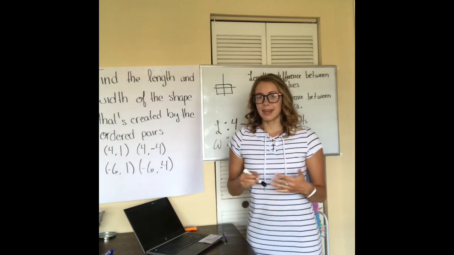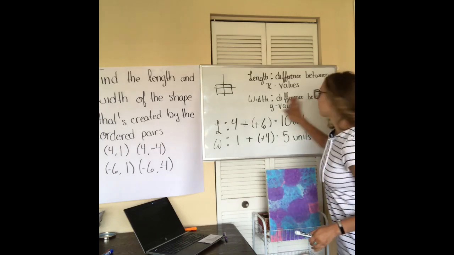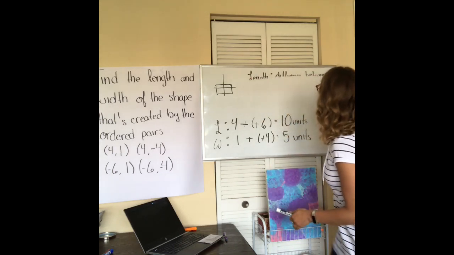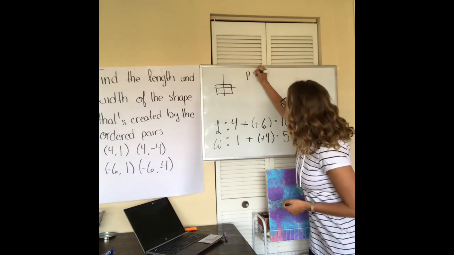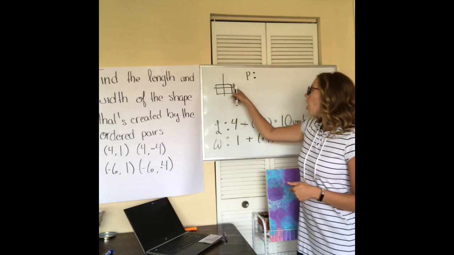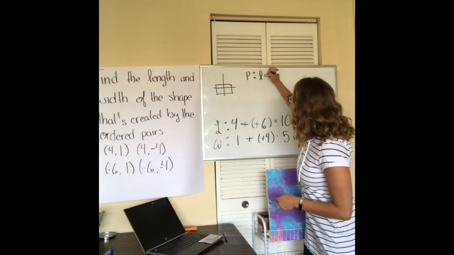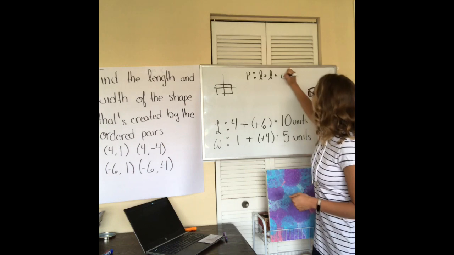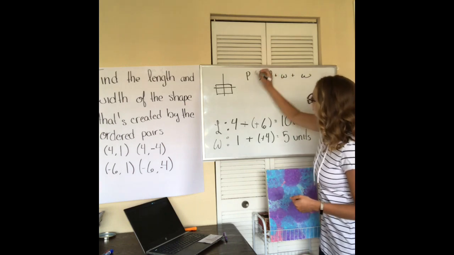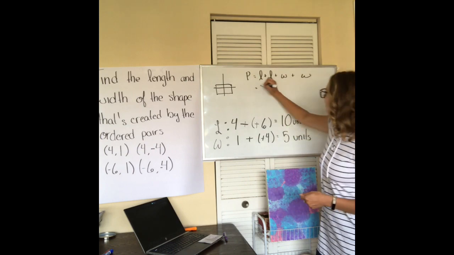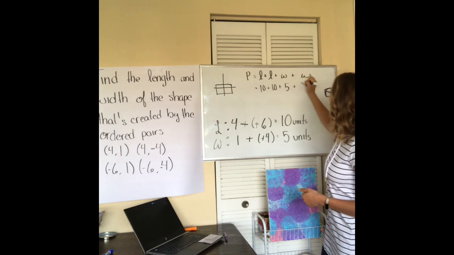I'm going to take this a step further even and say the perimeter. I'm going to erase what I have up here. My perimeter is all 4 sides added up. So it's my length plus my length plus my width plus my width, which is 10 plus 10 plus 5 plus 5.